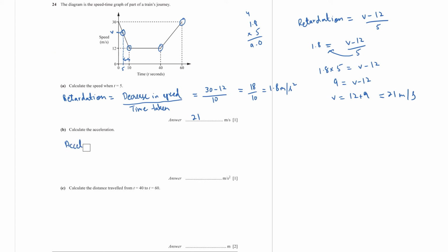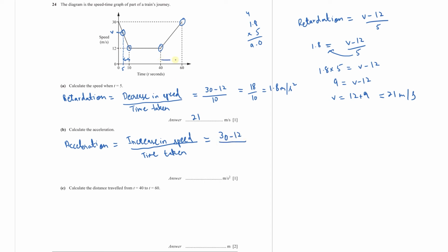So your acceleration will be given by increase in speed divided by time taken. So what's the increase in speed? Increase in speed is from 12 till 30. So increase is 30 minus 12.